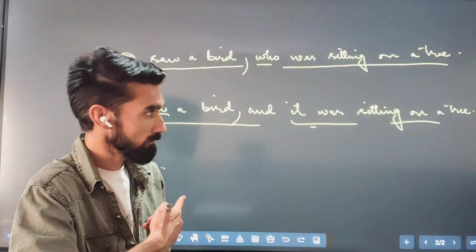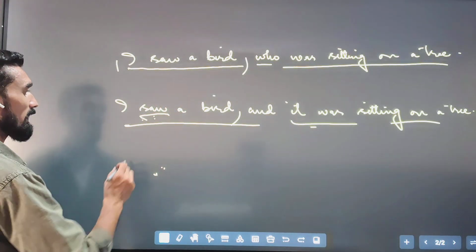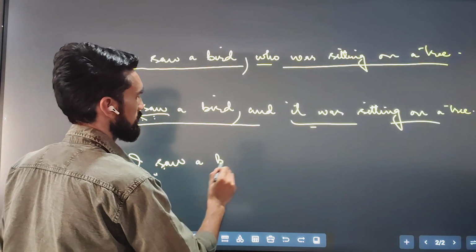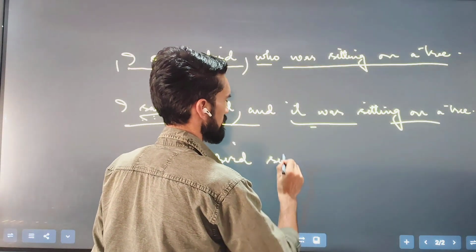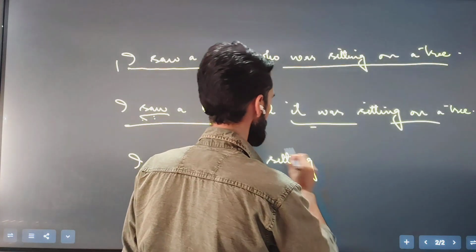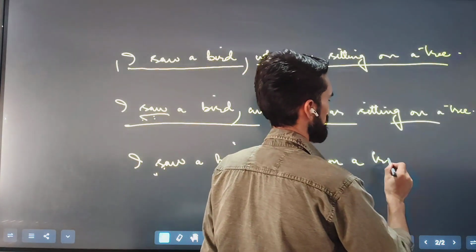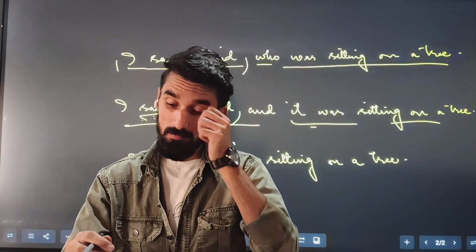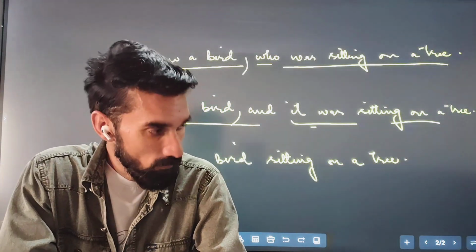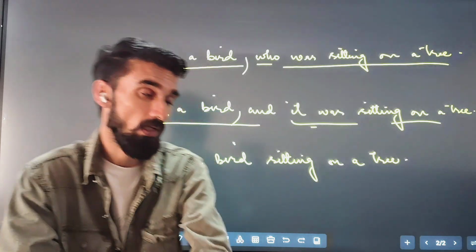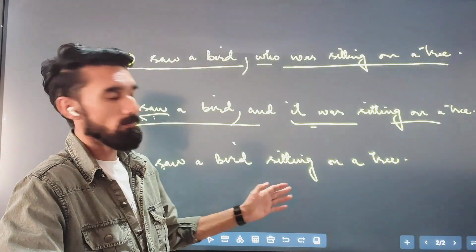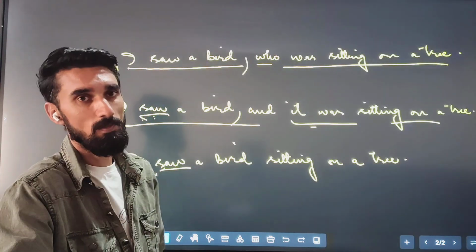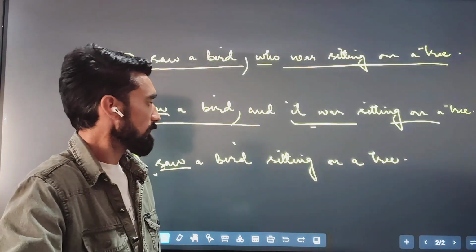Now you need to put one finite verb here and you will write it as: I saw a bird sitting on a tree. See, now in this sentence, I have changed it into the simple one. You will find only one finite verb in it and there is no other finite verb.